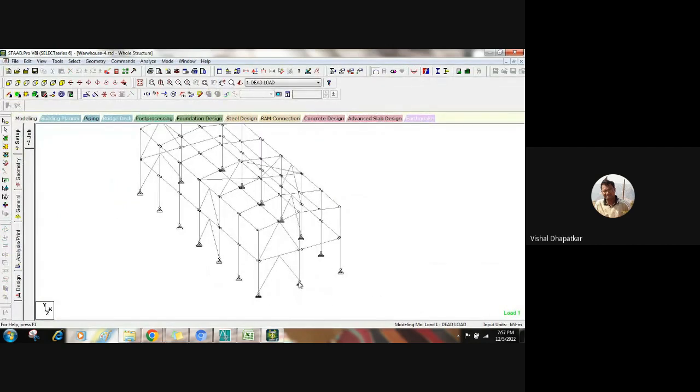So when we provide fixed base, it's not this stand.